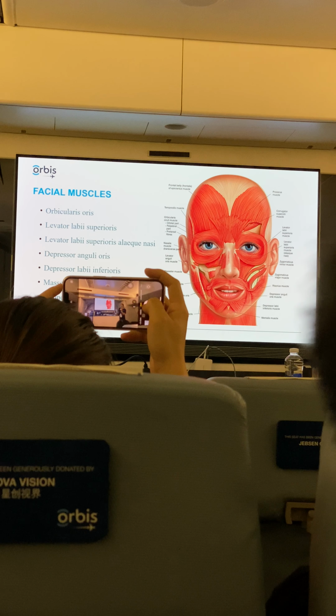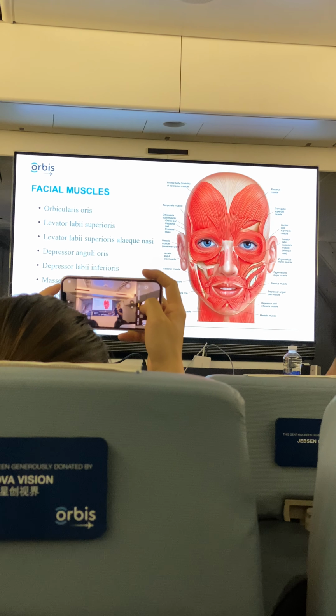The most important muscles to know are the ones that are directly around the eye.